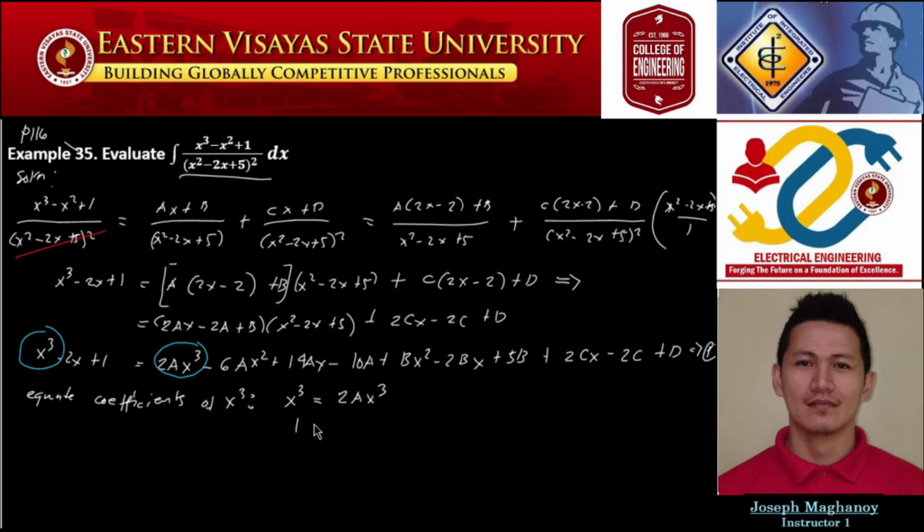You have 1 equal to 2a. So finally, the result of equating the coefficient of x cubed is a equal to 1/2. We transfer 2 to the other side. So that is 1/2.